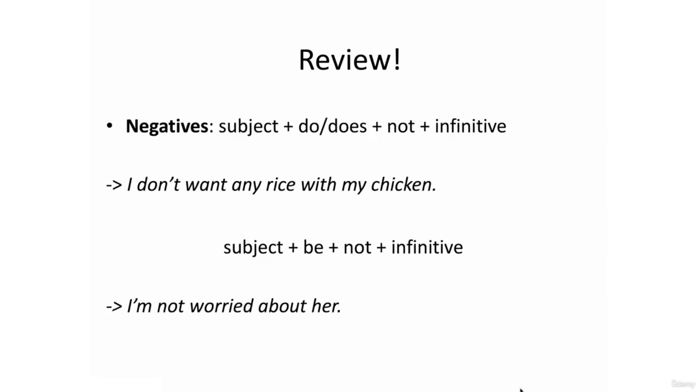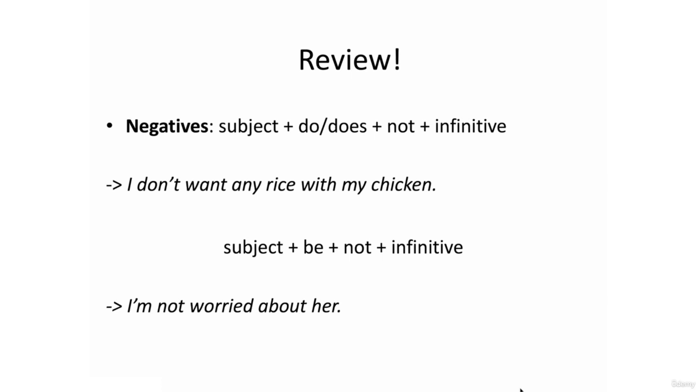To form negative structures in the present simple, we use the auxiliary verbs don't and doesn't. Don't is the contraction of do not, and doesn't is a contraction of does not. We use the sentence construction subject plus don't or doesn't plus infinitive.